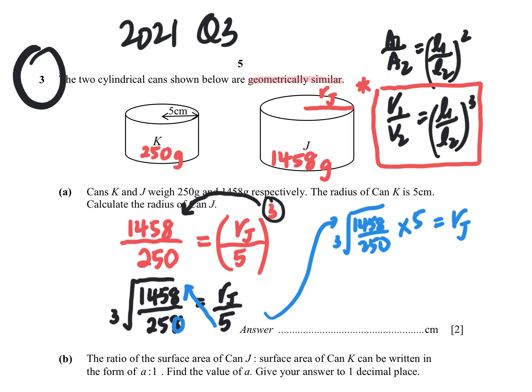Okay, one four five eight 250. So the radius of the container J is 9 cm.